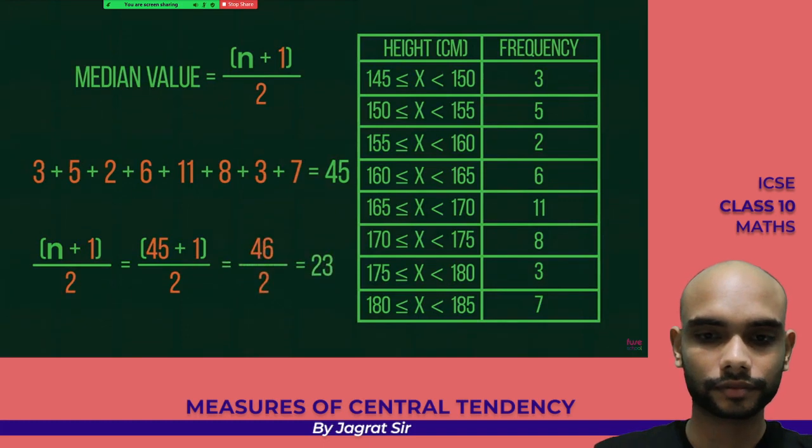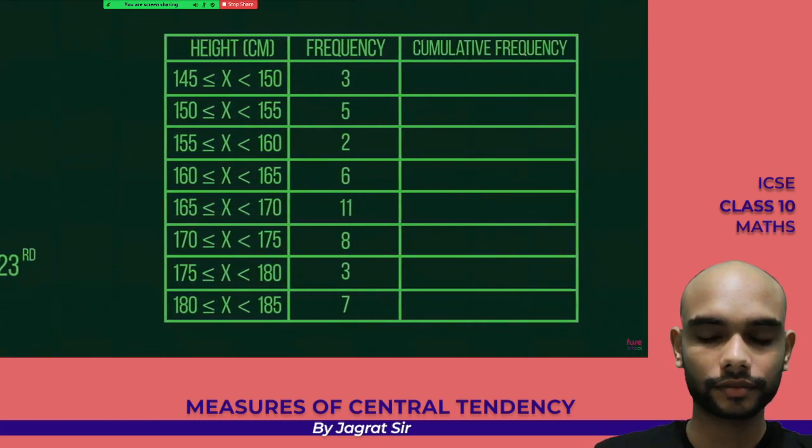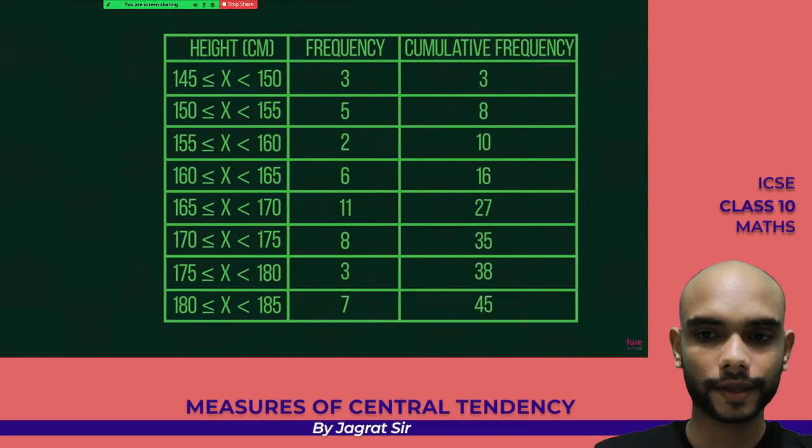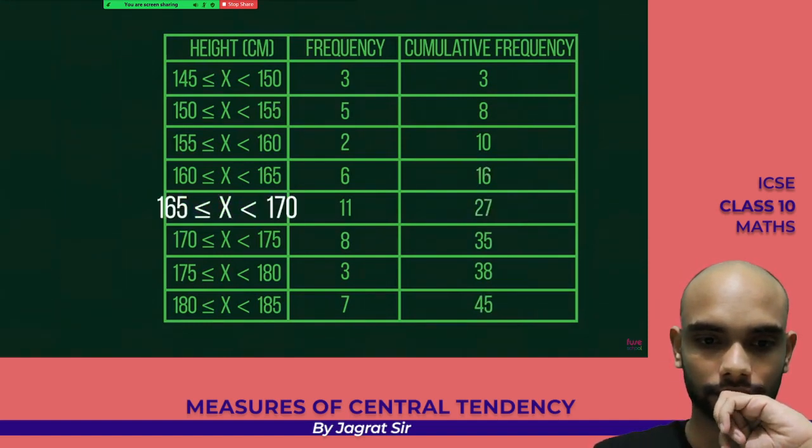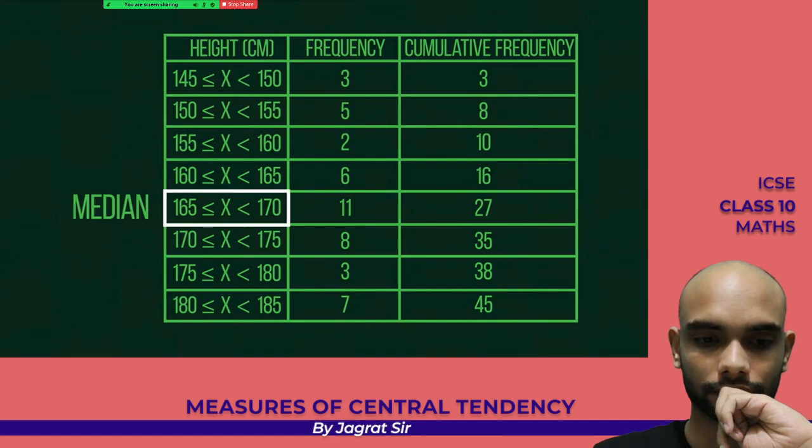So our median value is the 23rd position. We then need to add our cumulative frequency column to our table and look for our 23rd value. Our 23rd value is between the 16th and 27th, so is in the group greater than or equal to 165 and less than 170. So this is our median group interval.